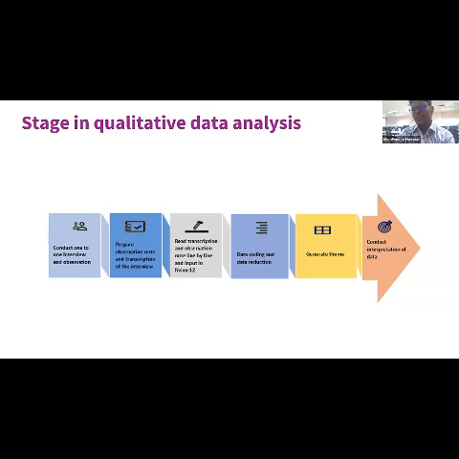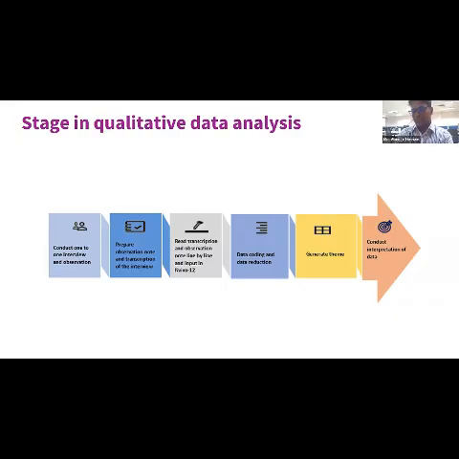Then we read the interviews line by line to get some key points or key codes from the beginning of the analysis, and then we can input them into an in vivo or matrix table.